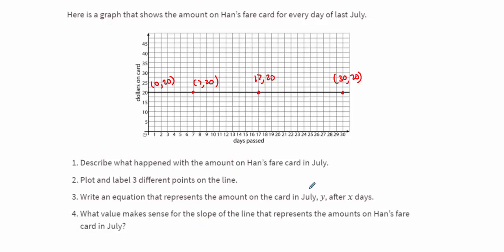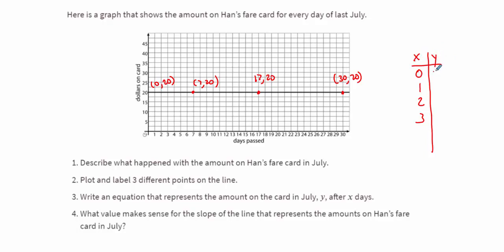Write an equation that represents the amount on the card in July after X days. So if I made a table, I'm going to make a little table here. I'm going to say 0 days, 1 day, 2 days, 3 days. And days are my X. And dollars on the card is my Y. So here are my two variables, days and amount on card.